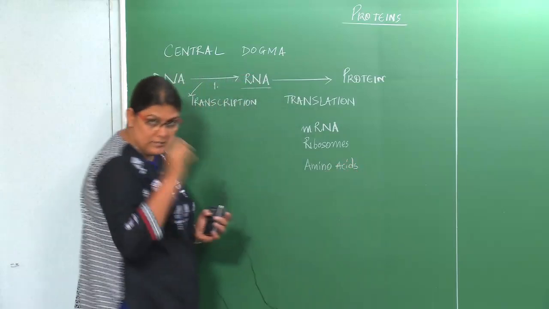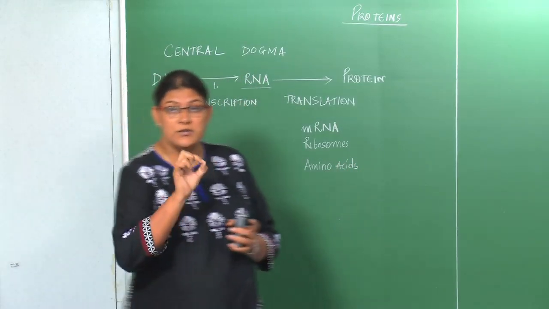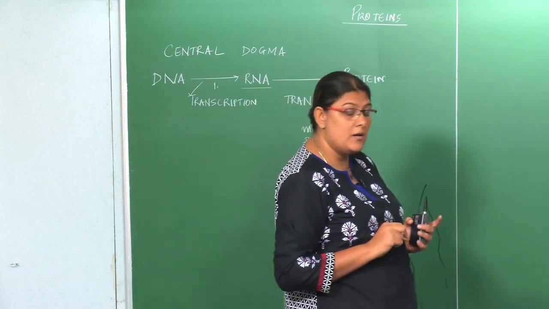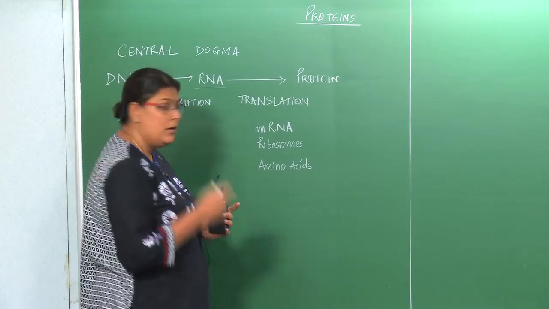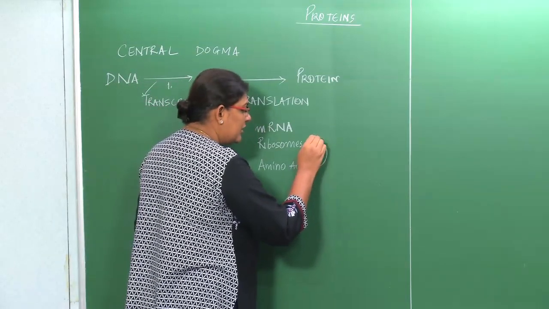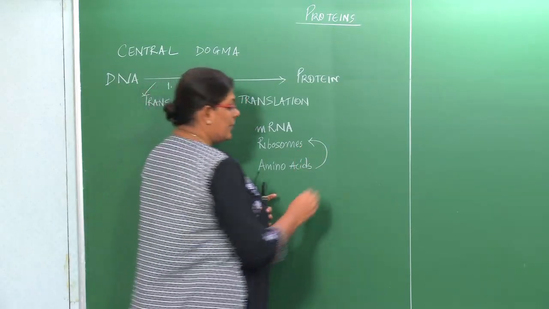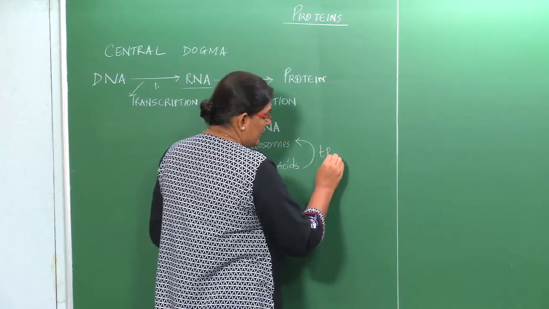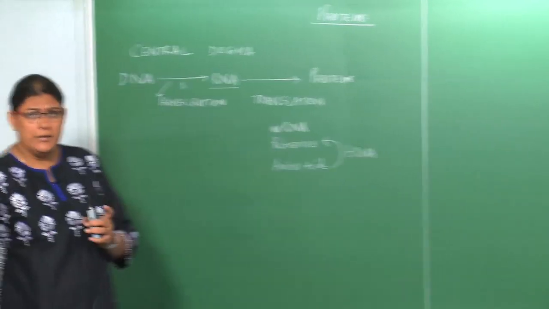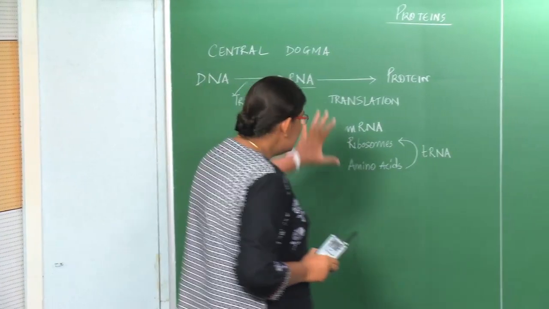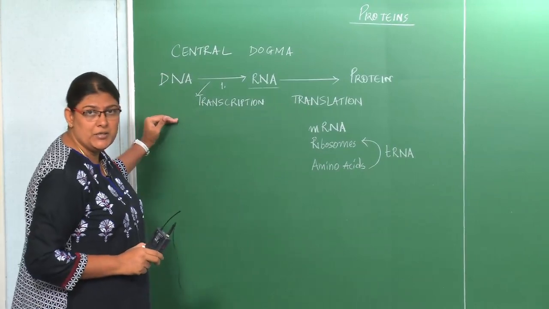The amino acids are the building blocks of proteins, as you would have read in your biomolecules class, and these amino acids are ferried to the chef by another class of RNA which is called the tRNA. Now, we will look at all this in the translation video. For this video, we will stick to transcription.